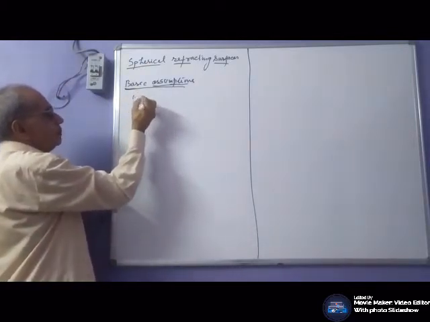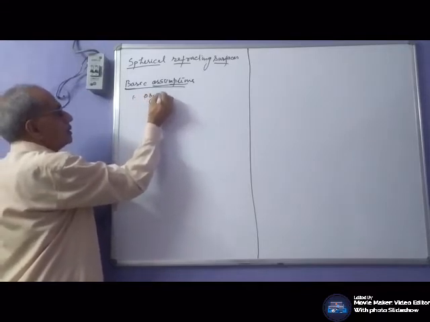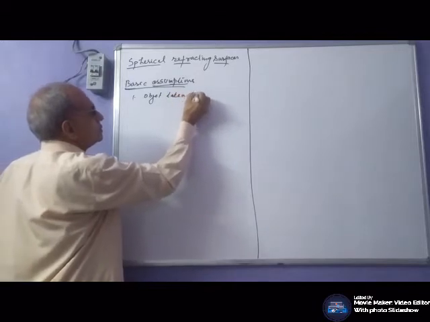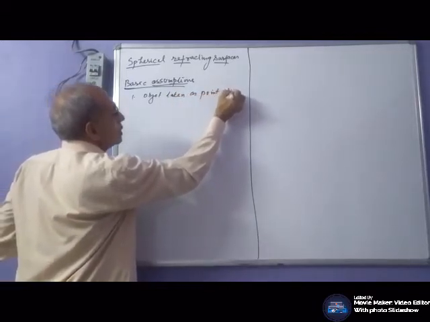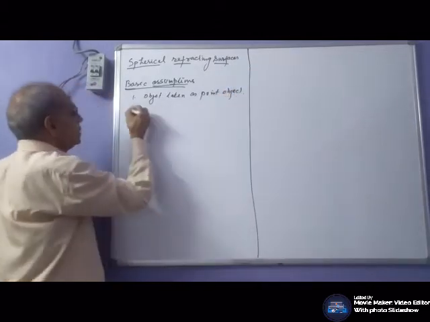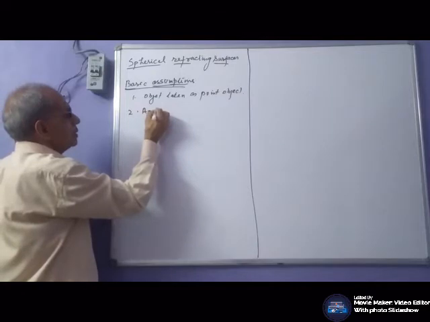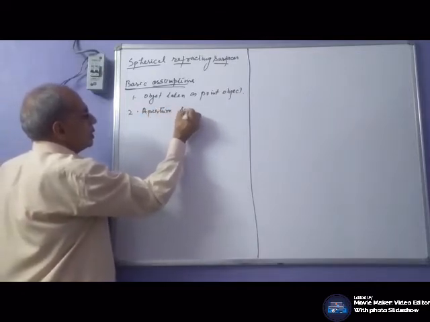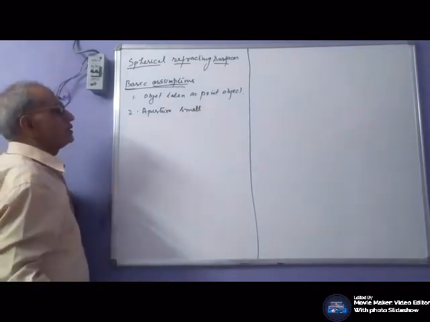Number 1, object taken, point object. Aperture small, to minimize a defect.